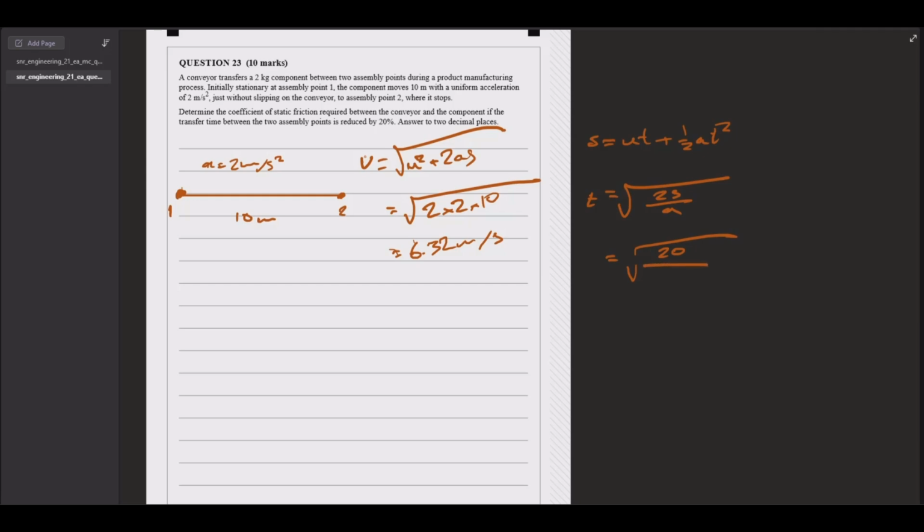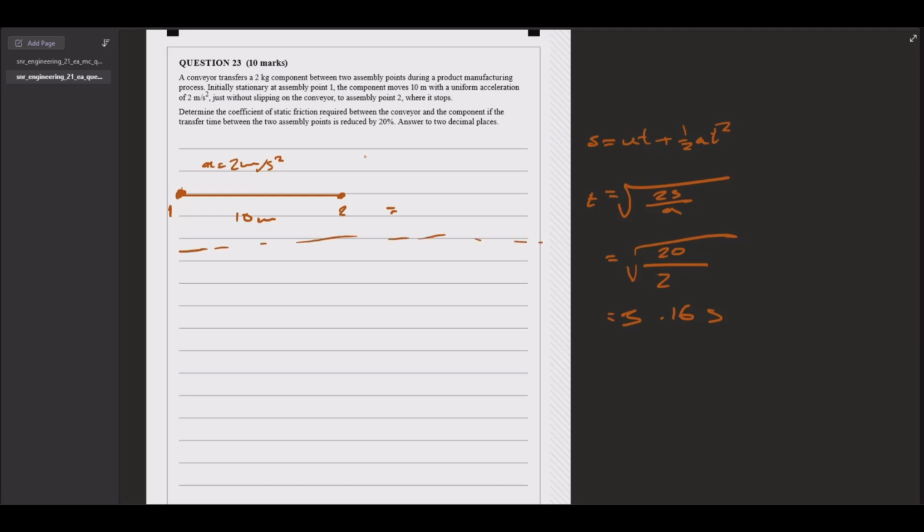Alright, my bad. 3.16 seconds. So if we're reducing the transfer time by 20%, I'm just going to times that by 80%, 0.8, sorry. 3.16 times 0.8 is going to give us 2.53 seconds.